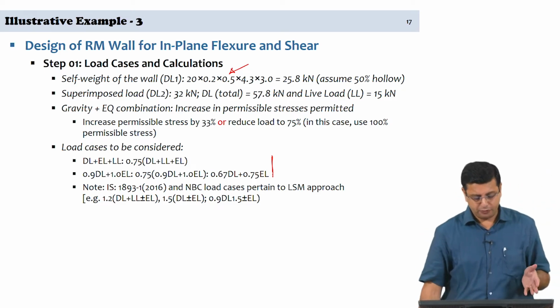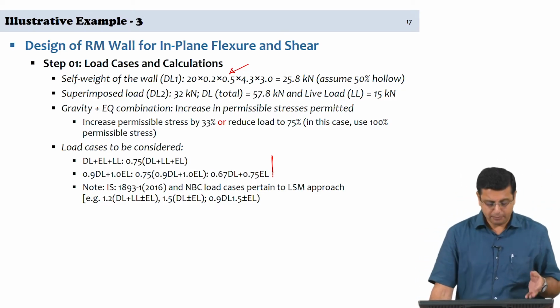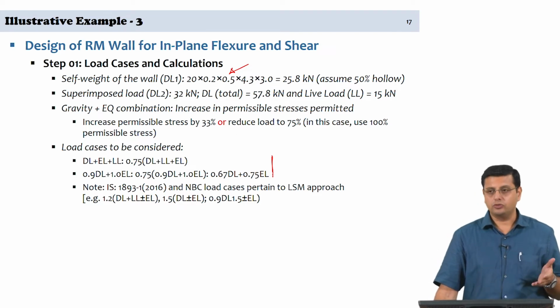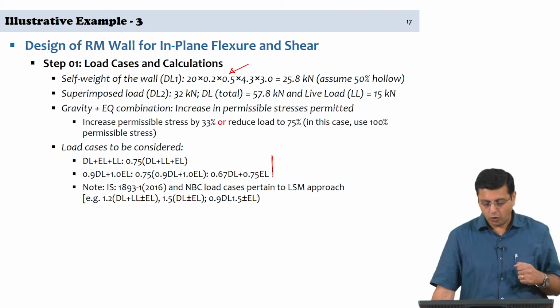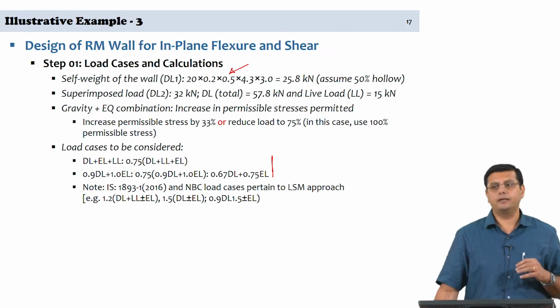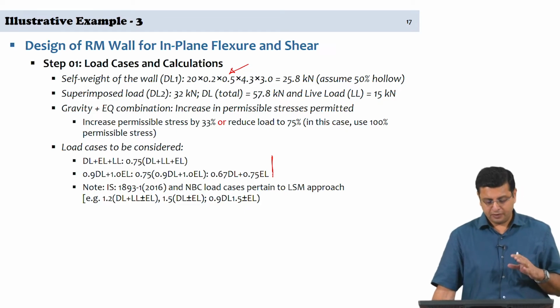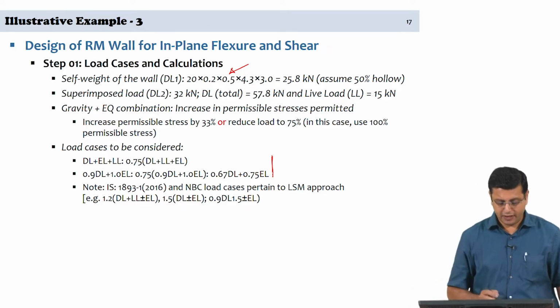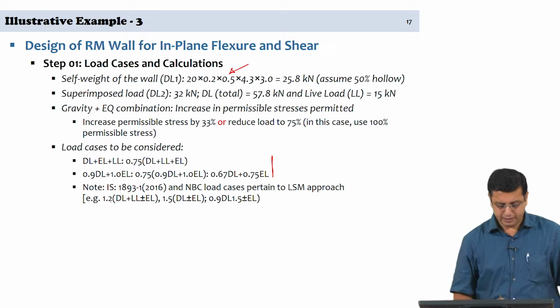However, if you were to consult IS 1893 Part 1 2016 or the 2016 version of the National Building Code, the load cases stated there pertain to the limit state approach, where you will see that the factors prescribed for the load combinations are coming from a limit state approach.